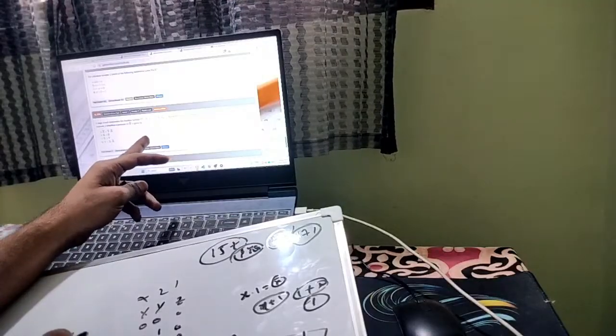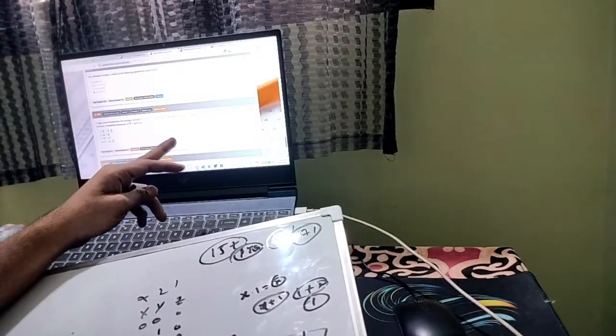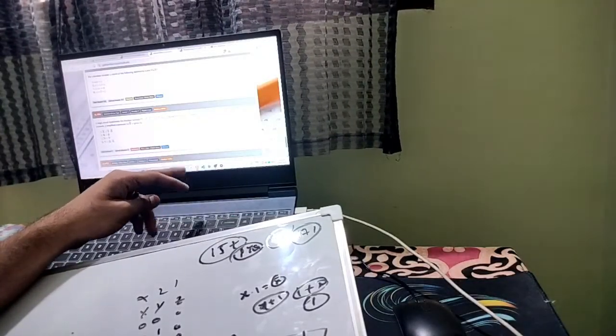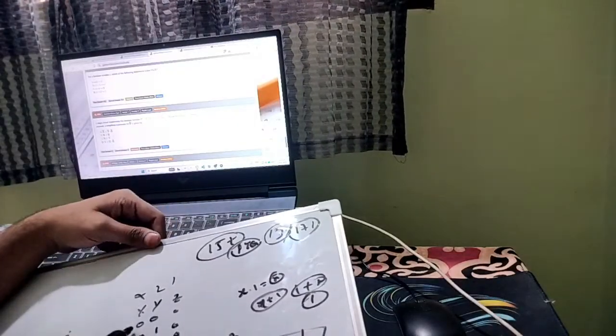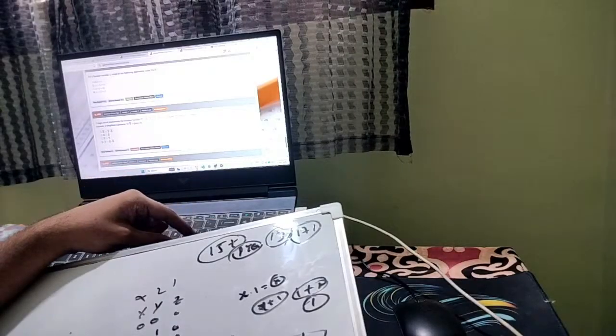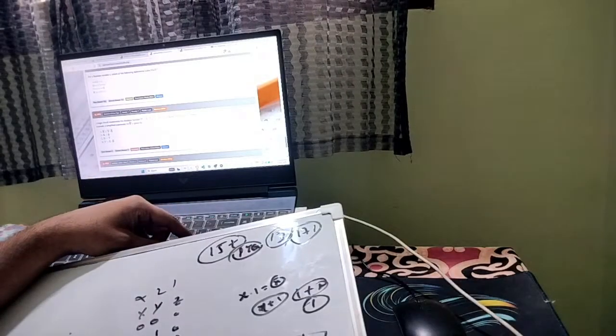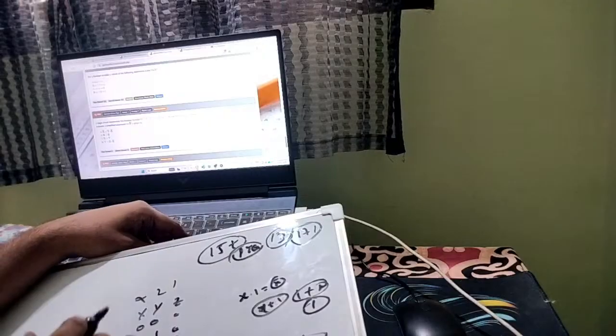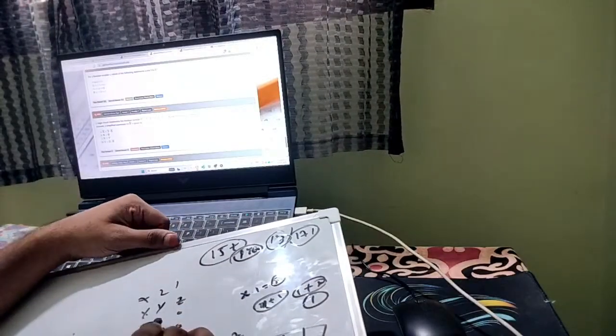So 0, 0, so 0. Let's see, if X is 0, then Y is also 0. X bar Y means 0.